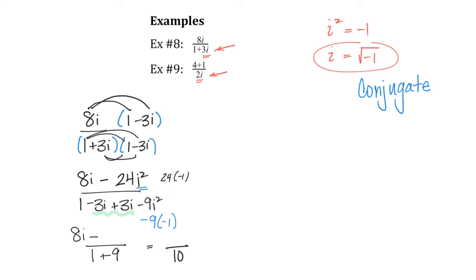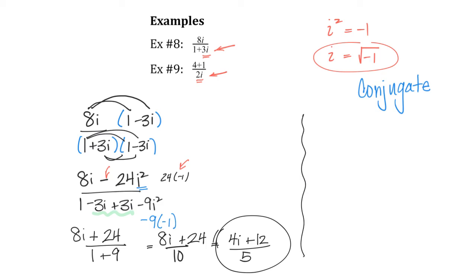So I'm actually going to add on a 24 here because I was subtracting a negative value. So this is really going to be an addition sign here. So I'm left with 8i plus 24 all over 10. I'm going to reduce that by taking a 2 out of each one. So 2 out of the 8 gives me a 4. 2 out of the 24 gives me a 12. And 2 out of the 10 gives me a 5.